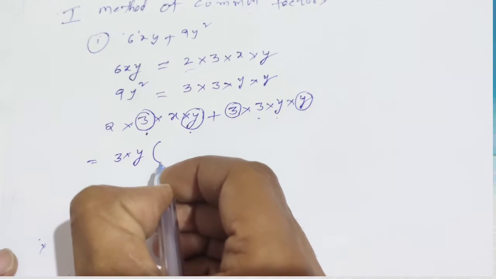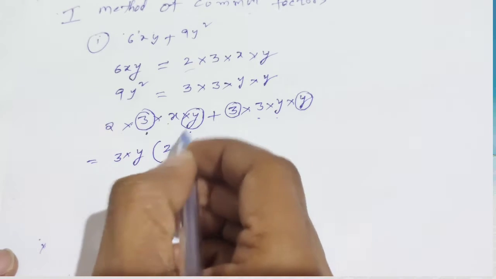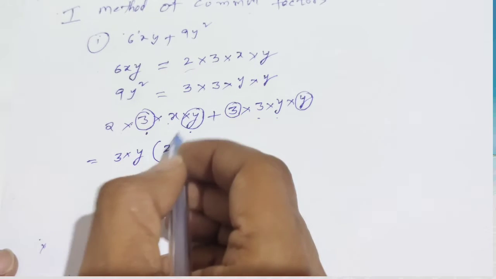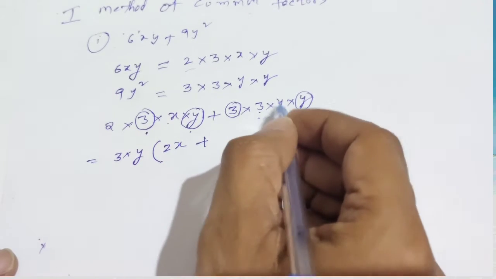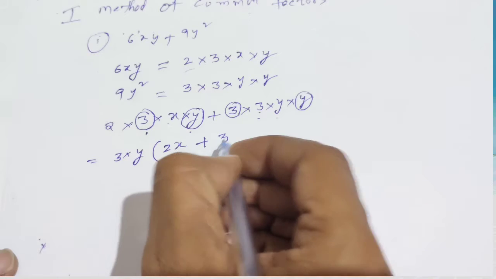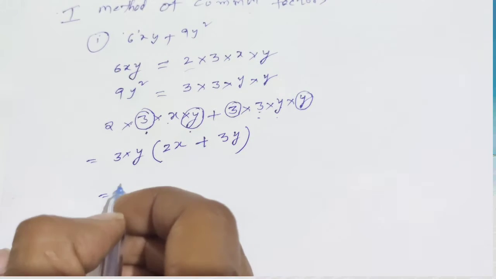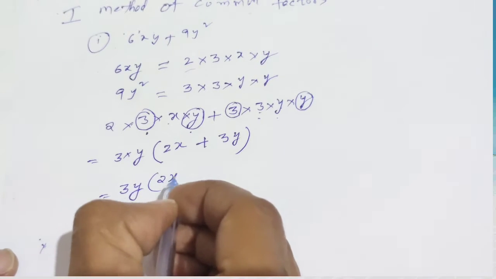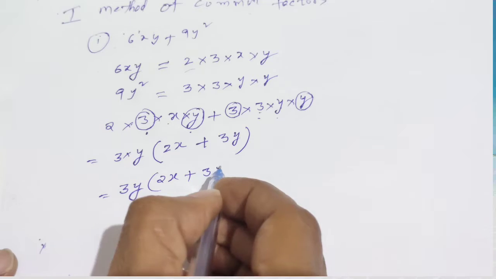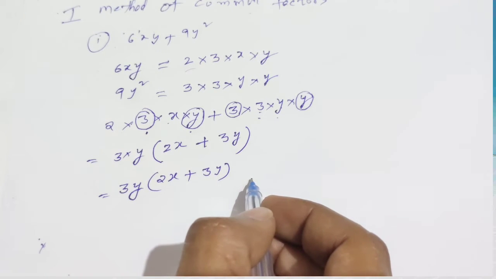Now bracket begin, write the remaining term in the first expression, that is 2x, plus the remaining term in the second expression, that is 3y. That means on simplification we can write simply 3y into (2x plus 3y). So like this we can do this sum.